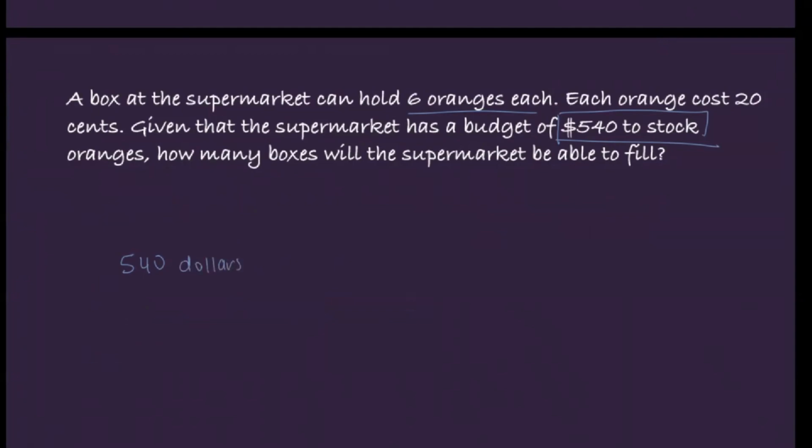To cancel this out, we multiply by a fraction whose denominator is also in dollars. So $1 is 100 cents. That's a unit conversion. Our ultimate goal is to get the unit of boxes.